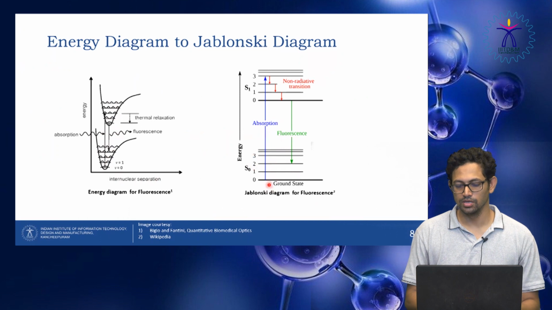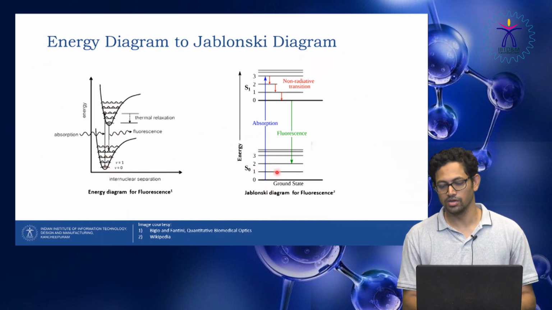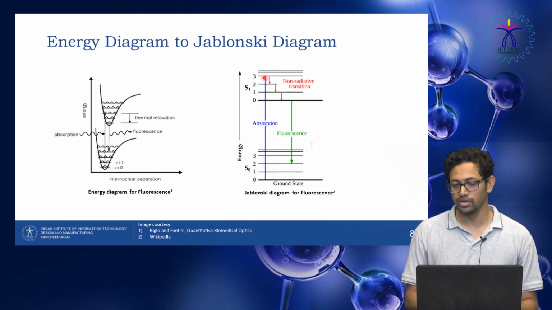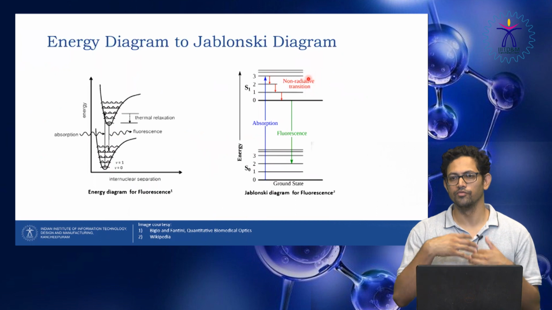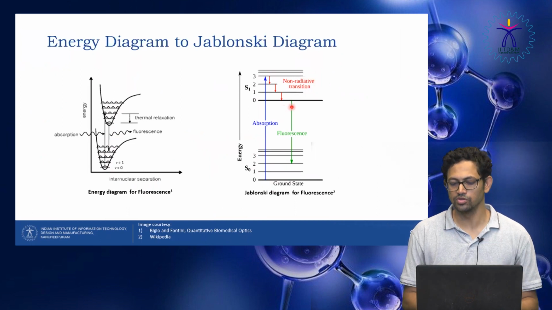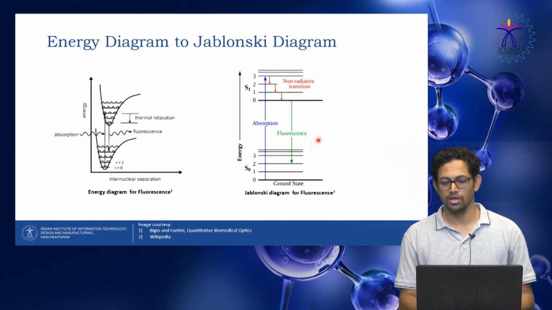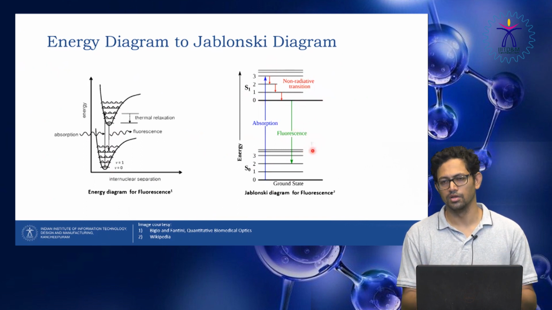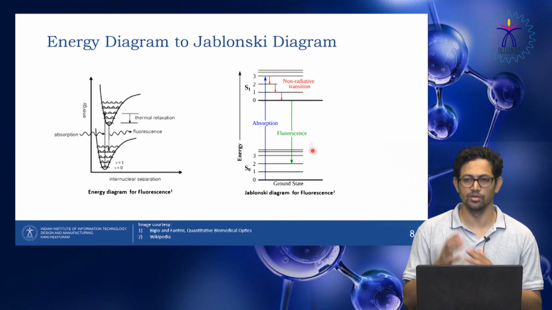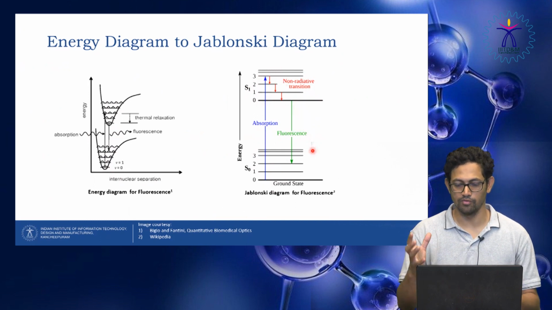Here you can see the electron moving from the ground vibrational state to a higher electronic state, and then there is a non-radiative transition, where there is no emission of light, and then there is fluorescence, which is a radiative transition at a significantly lower energy level than the absorption. So you see a different wavelength of light, specifically a higher wavelength.